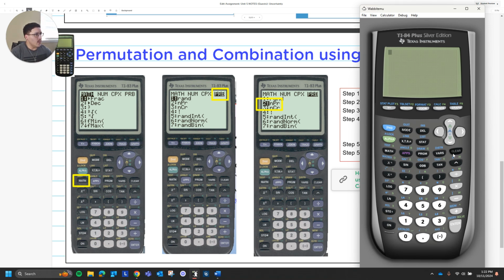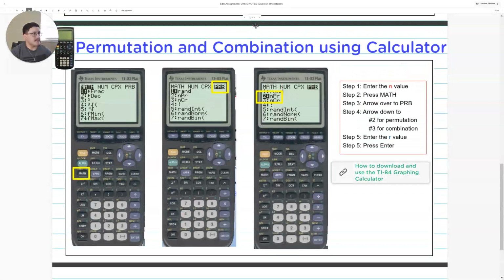To find the function, click Math, right underneath the alpha symbol. Go to PRB for probability, and you will see option 2 for permutation and option 3 for combination.